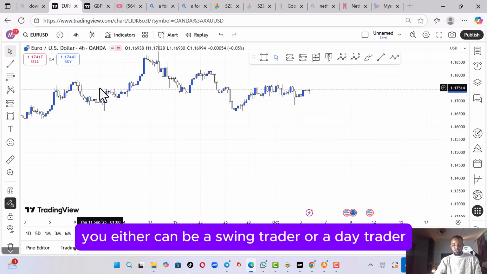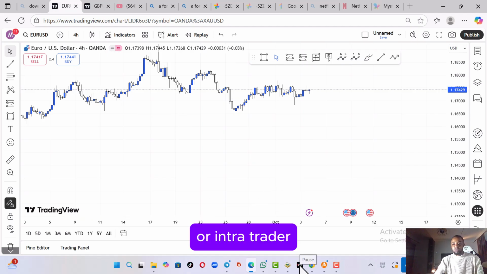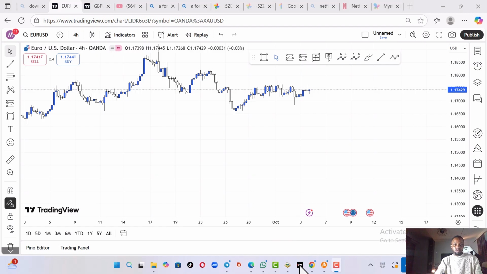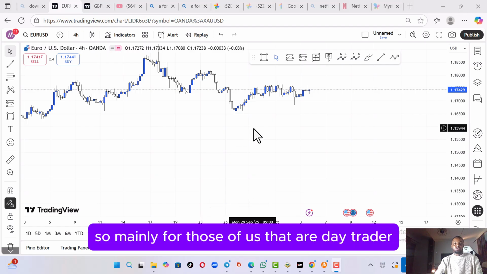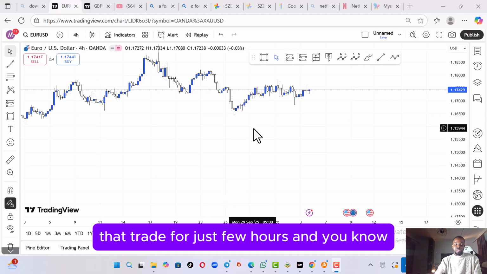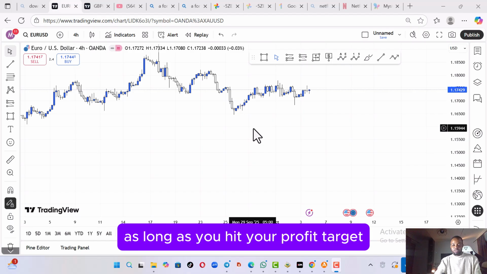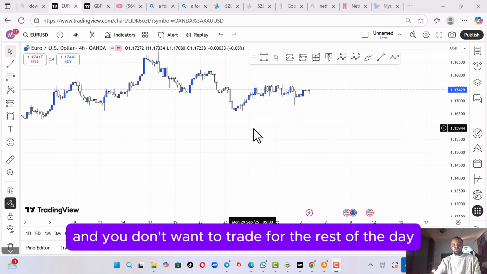You either can be a swing trader or a day trader or an intra trader. You get my point. So mainly for those of us that are day traders that trade for just a few hours and you are done for the day, as long as you hit your profit target or you hit your stop loss and you don't want to trade for the rest of the day.